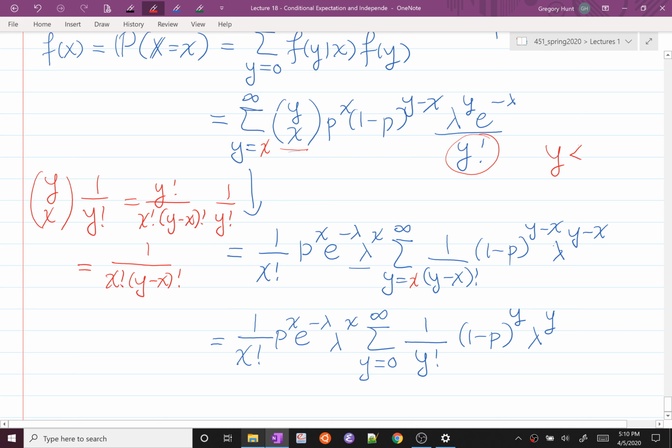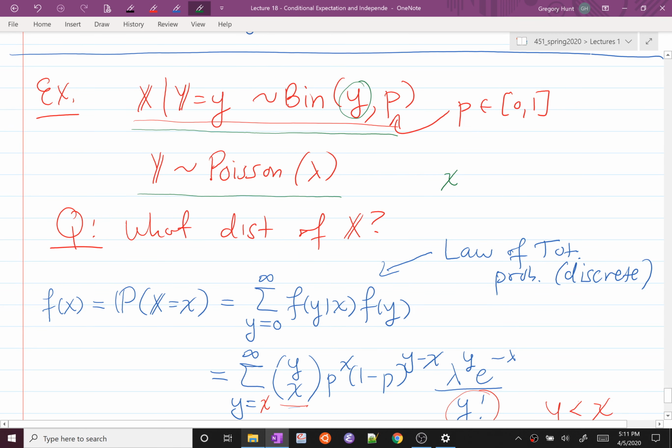If we go back up and look at the original problem, we draw some y and then we draw x from a binomial given whatever value we chose for little y. So x can be anywhere from 0, and it can be at most y.